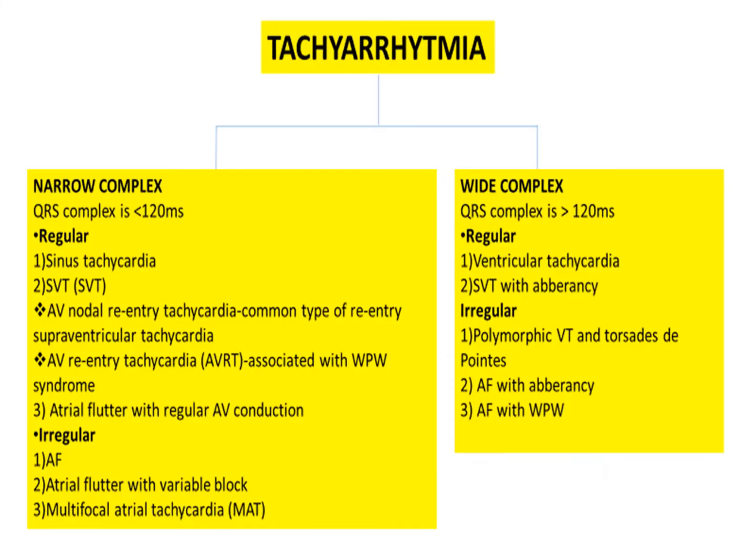Tachycardia is when the heart rate is more than 90. However, if the heart rate reaches more than 150, always think about tachyarrhythmia. Common types of tachyarrhythmia seen in the emergency department are the narrow complex regular, which is SVT, the narrow complex irregular, which is AF, and not to forget the wide complex regular, which is VT.